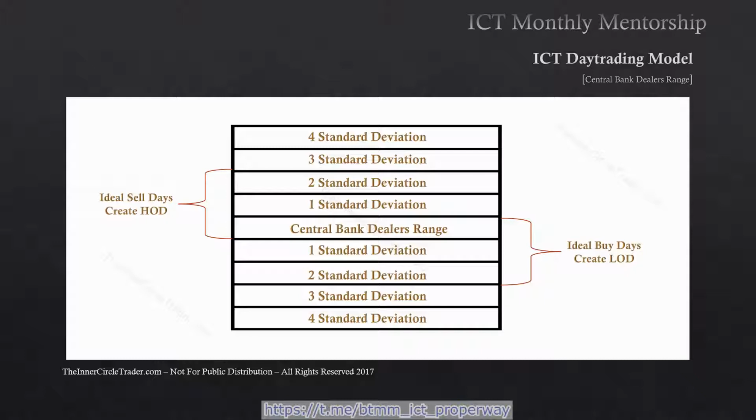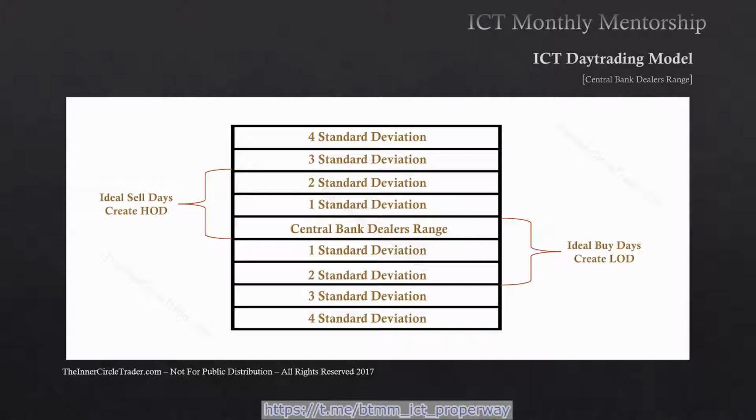Ideal buy days will create the low of the day no less than 2 standard deviations below the central bank dealers range. And ideally, many times you'll see it just go 1 standard deviation below the central bank dealers range, creating the low of the day. 4 standard deviations above for a high of the day is going to be on the heels of a very high impact news event for the session in London.